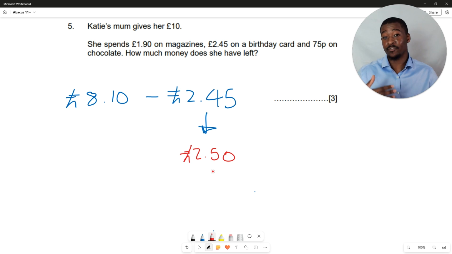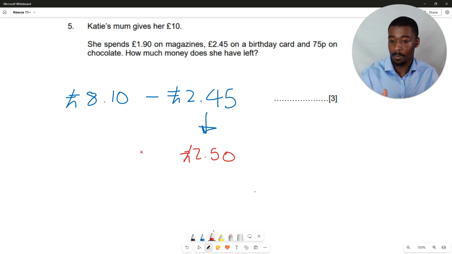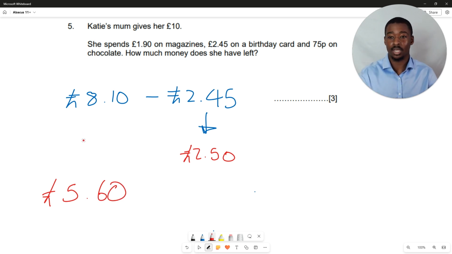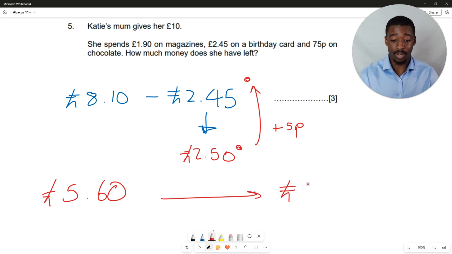But then minus the remaining 50 pence, and we're going to get not £6.10, but £5.60. Right? We got £6.10 and we take away an extra 50 pence from the amount. So £5.60. And then we realize that we're not actually subtracting £2.50, but £2.45. So we add back that 5 pence. So here, we don't remain with £5.60, but we actually remain with £5.65. So £5.65 is our next value.